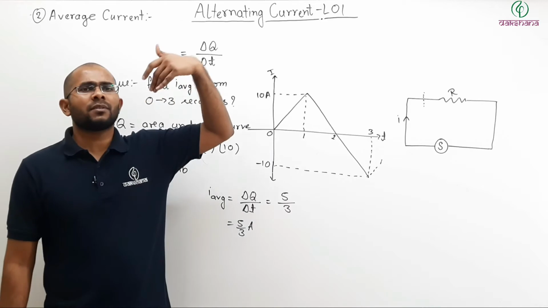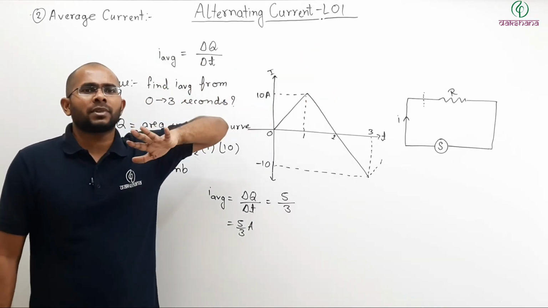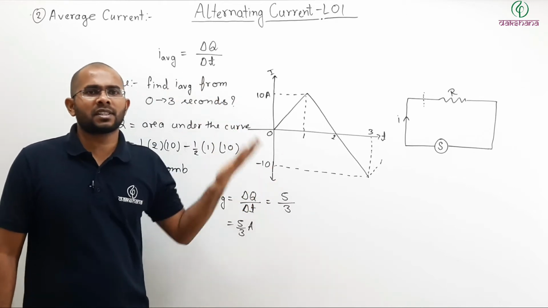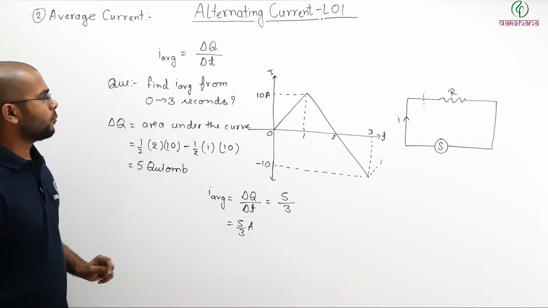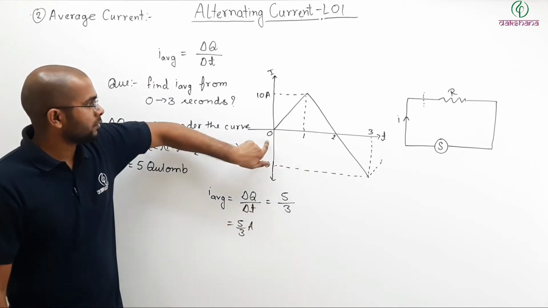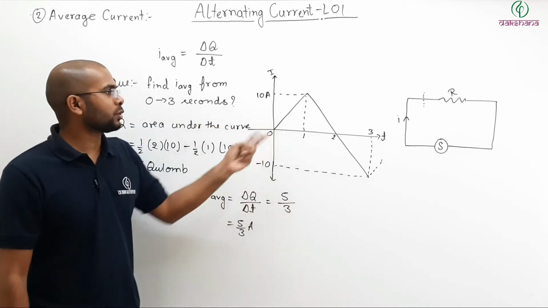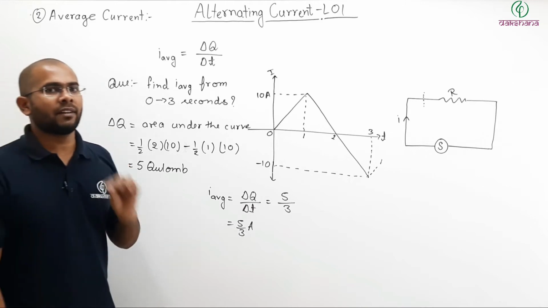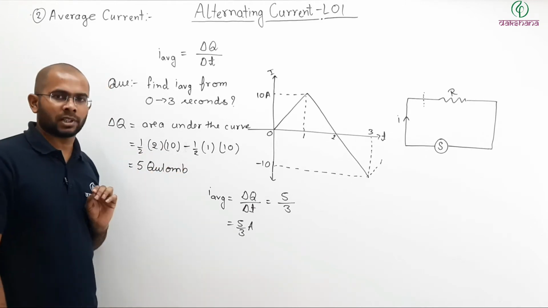For example, in the case of speed or velocity, if you change the time gap, then your average velocity and average speed also change, like that here also. So your homework: in this diagram, find the average current from 0 to 1 and from 0 to 2. In those two cases, you will have to find the average current. Pause the video, note it down, then we will discuss further.